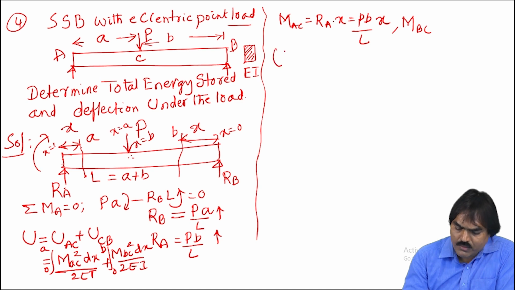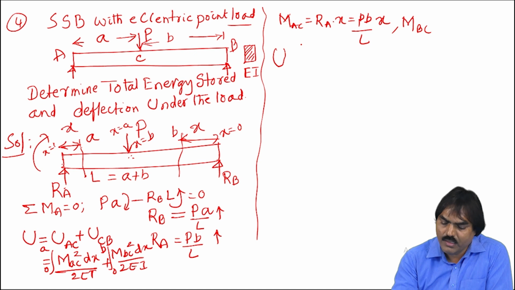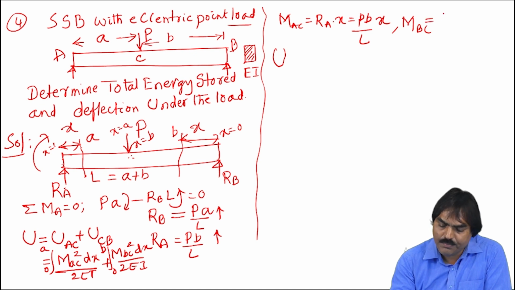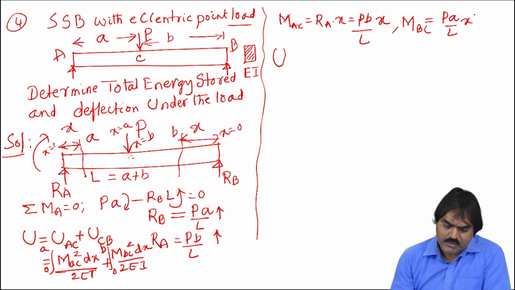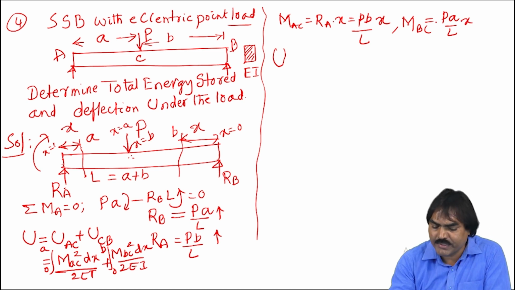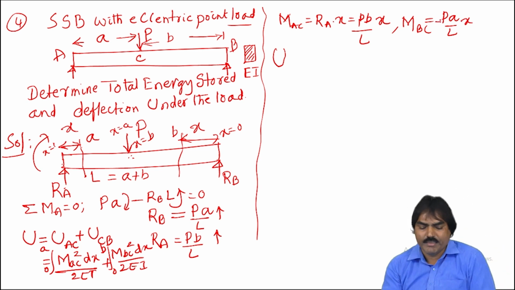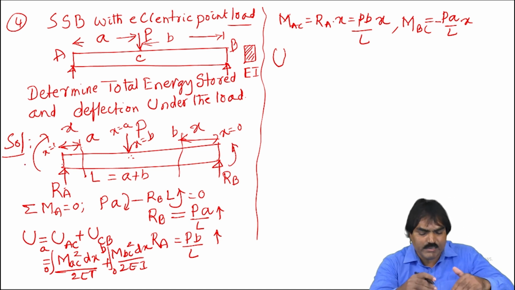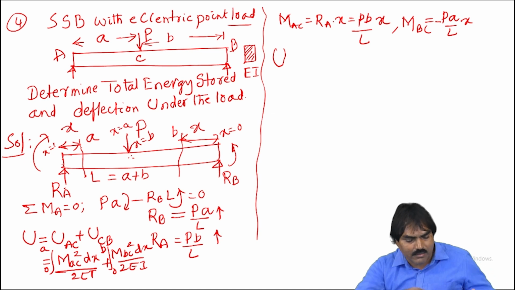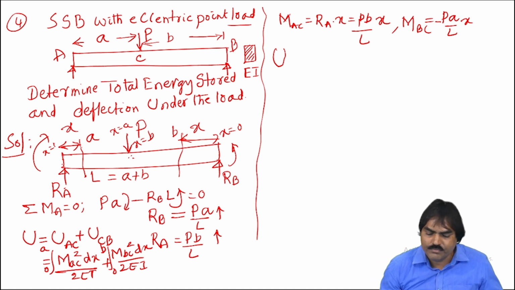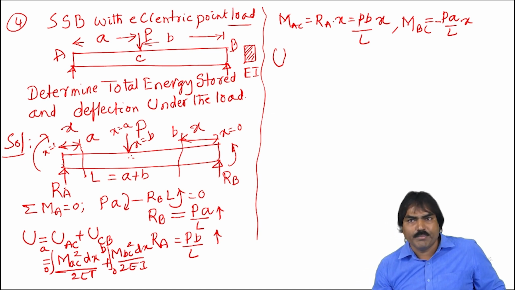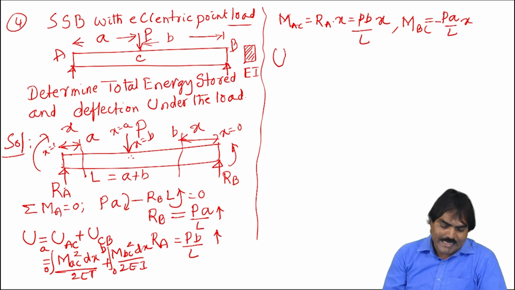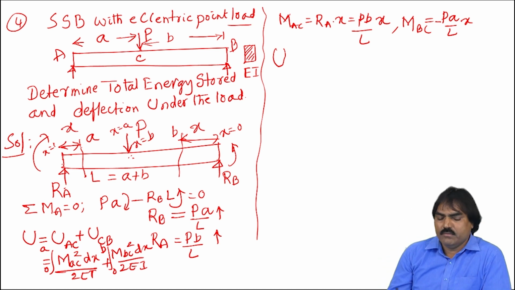So, the total energy is, what is the MBC given here? PA by L into x. Since this is like an anti-clockwise moment, we can keep negative here. This gives anti-clockwise moment, this gives clockwise moment. Anyway, the sign convention does not matter here because the energy is a square of the moment.